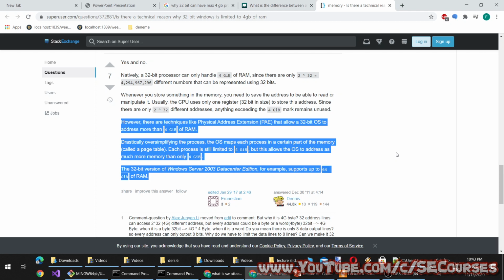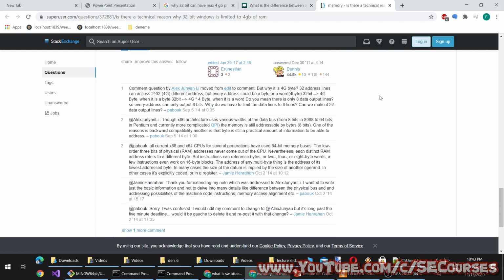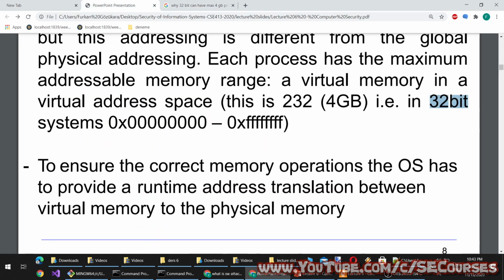Each process is still limited to 4 GB, but this allows the OS to address much more memory than only 4 GB. The 32-bit version of Windows Server 2003 Datacenter Edition, for example, supports up to 64 GB of RAM. Okay. Anyway, let's continue.